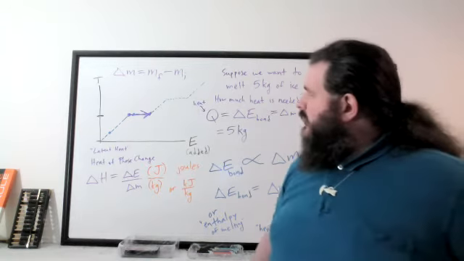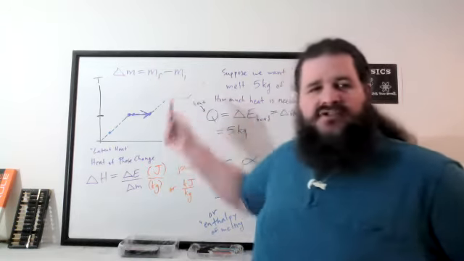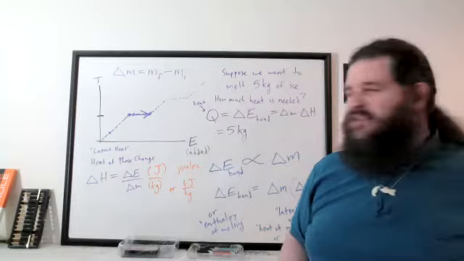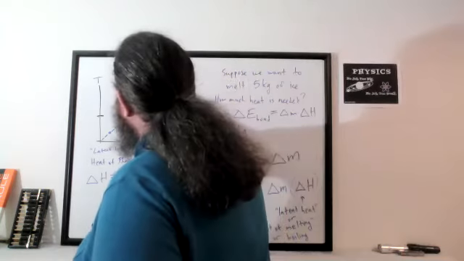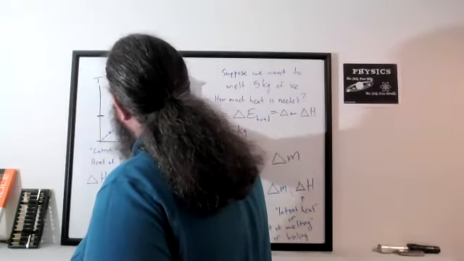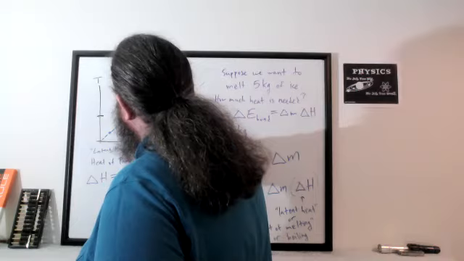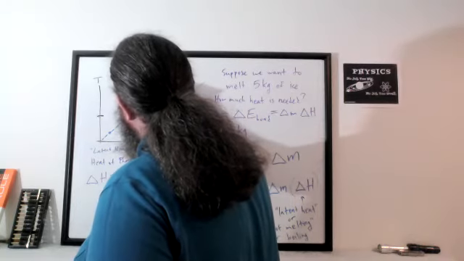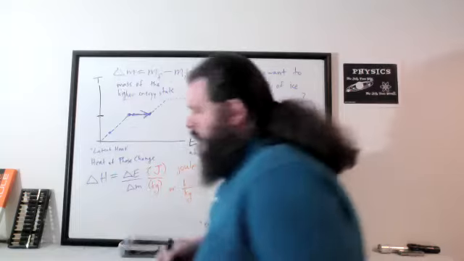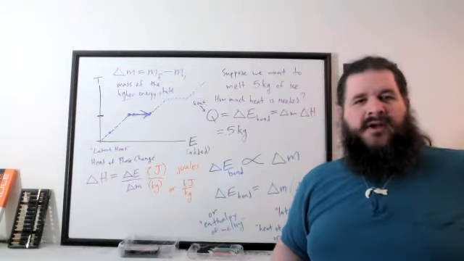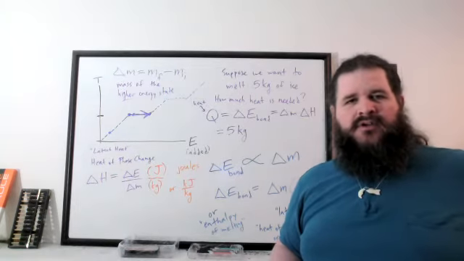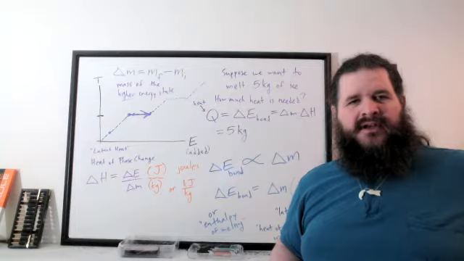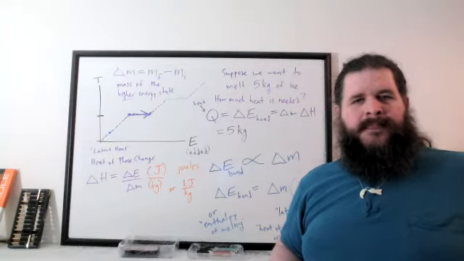But the way this works is the masses we're talking about here should be treated as the mass of the higher energy state. So for instance, if we're talking about a transition between solid and liquid, which one of those is higher energy, the solid or the liquid?